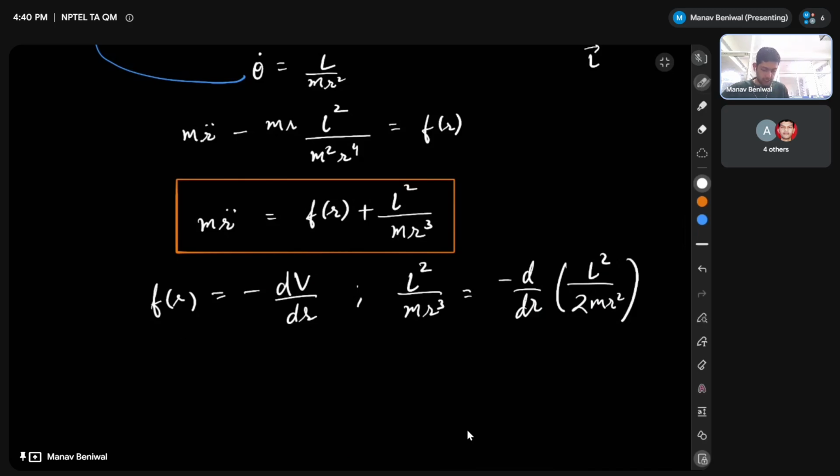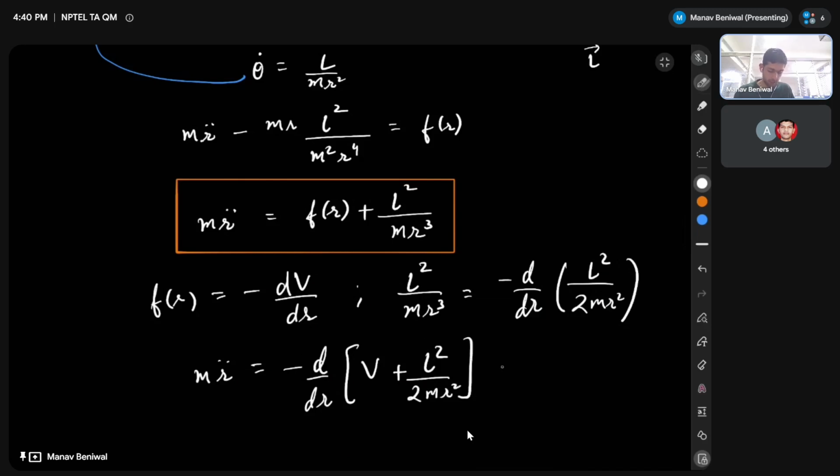Basically, this allows me to write m r double dot as minus d over dr of V plus L squared over 2 m r squared. And this entire thing is what we defined to be the effective potential.